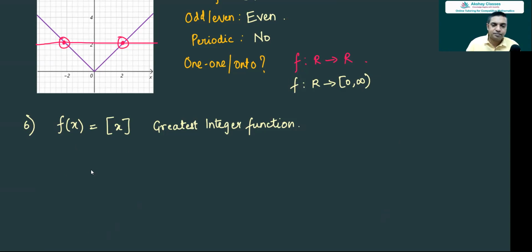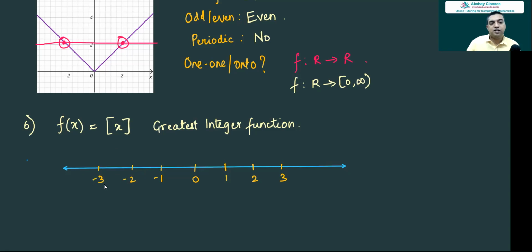Yeah, greatest integer function. How is it defined? See, on a number line, step x is the greatest integer less than or equal to x.